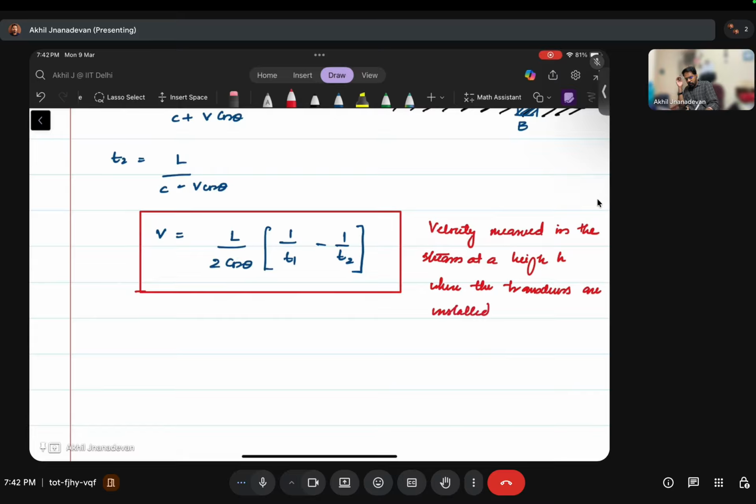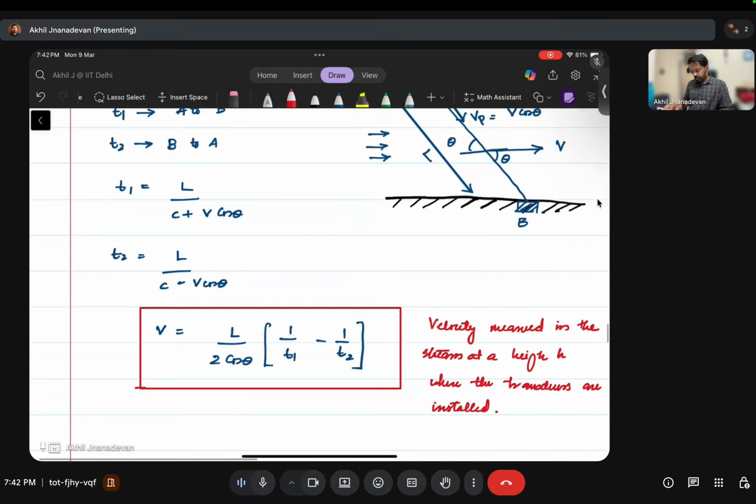So we are not measuring the average velocity or the velocity at a particular depth. Whatever velocity we get will be the velocity at that particular height at which the transducers are installed, not the average velocity. Okay, so this is the theory.